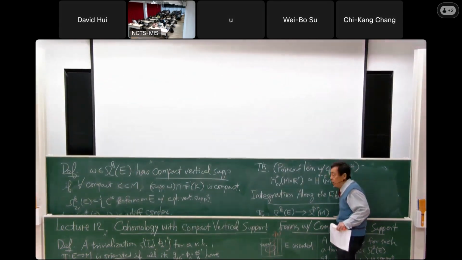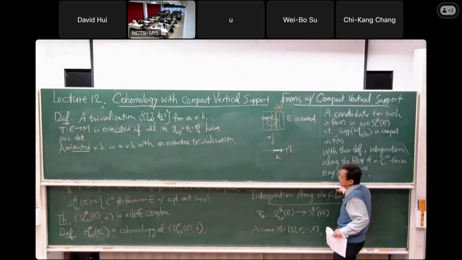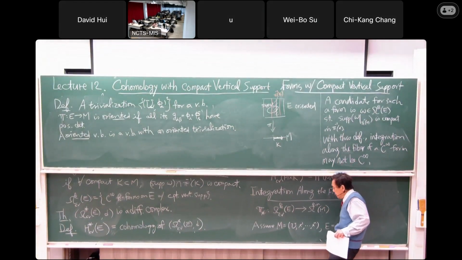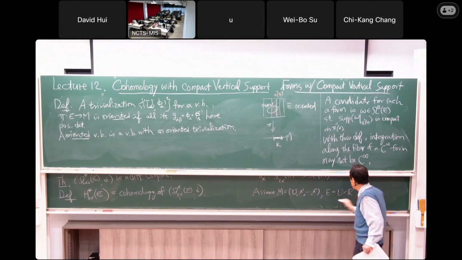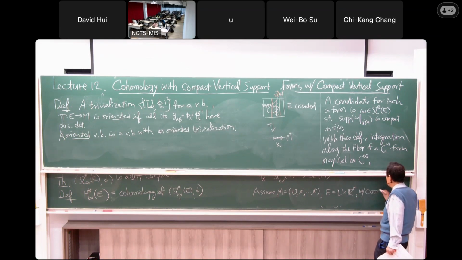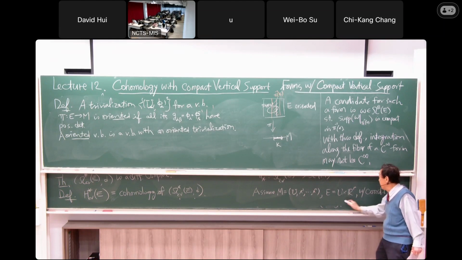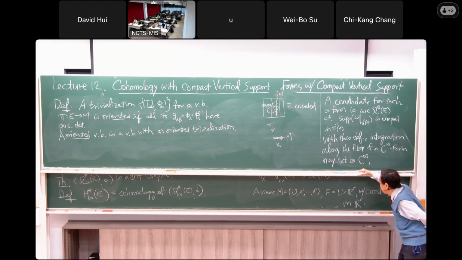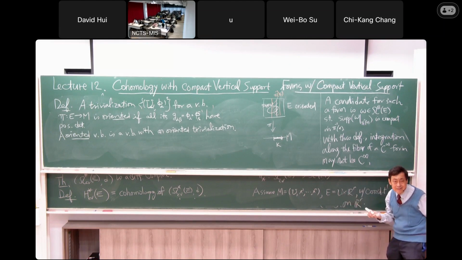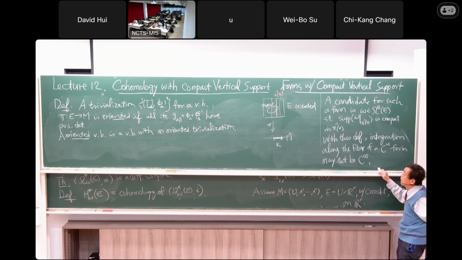Again, on this product you have coordinates x1 to xn on M, and coordinates T1 to TR on R to the R. So this product is really just a subset of a Euclidean space where you have coordinates x1 to xn and t1 to tr.